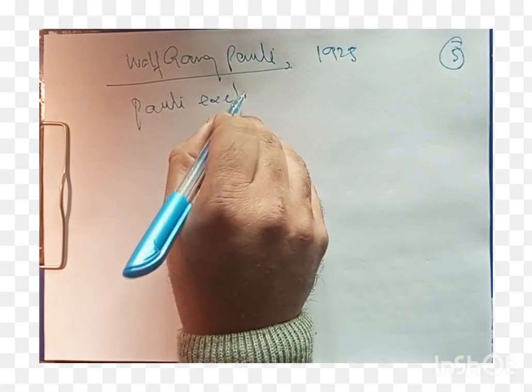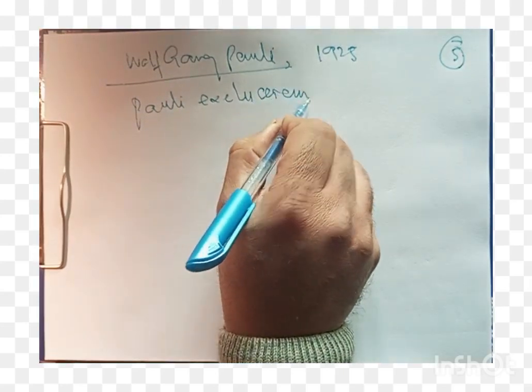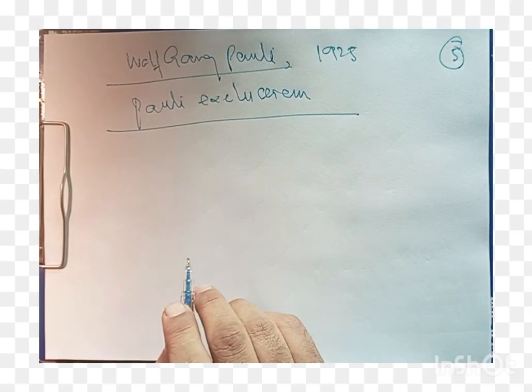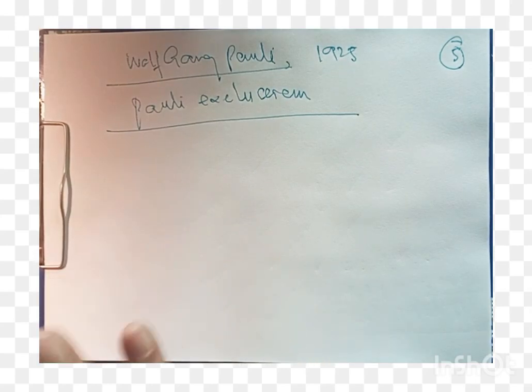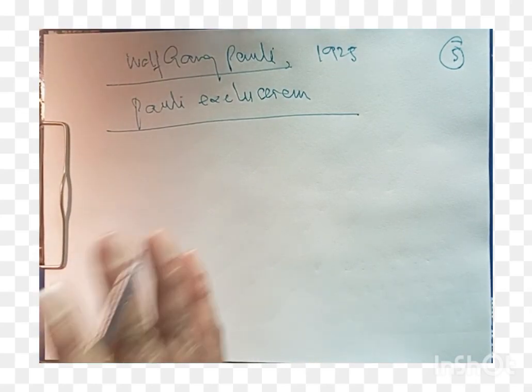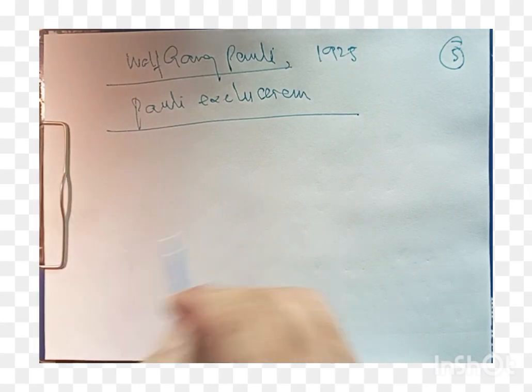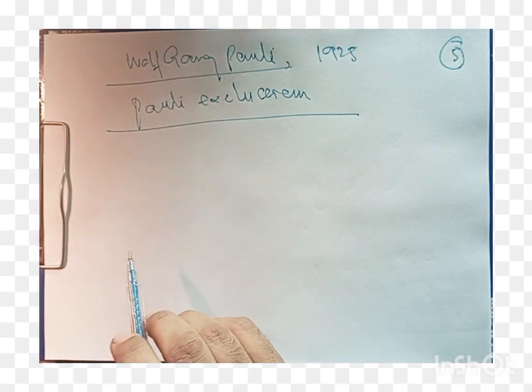Pauli exclusion, as we understand, exclusion, out. And this principle is very useful in constructing the electronic configuration of multi-electron atoms.